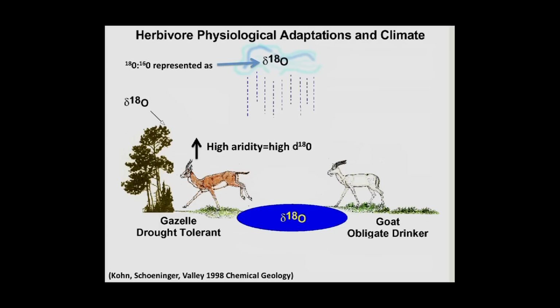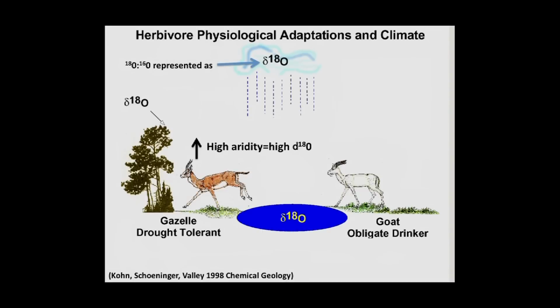If you take something like a goat that is an obligate drinker and it's getting its water from pools, so is not as subject to the aridity signal, what you find is that you have a delta O18 value in rain that is low when you have cold temperatures.